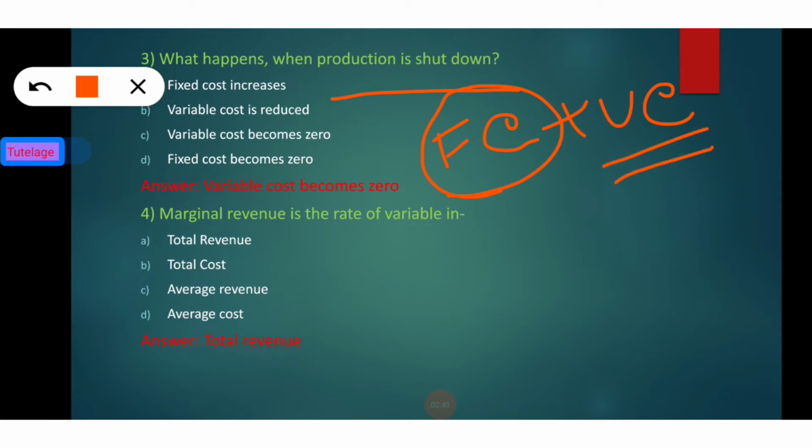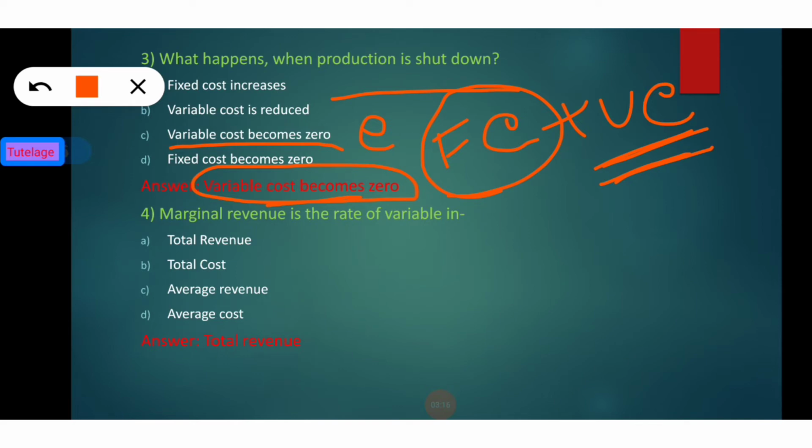Variable cost depends on the amount of production, the total quantity produced. When the production process is shut down, variable cost becomes 0, because there is no production and so no variable cost. So option C is the correct answer: variable cost becomes 0. Clear? I think this is clear.